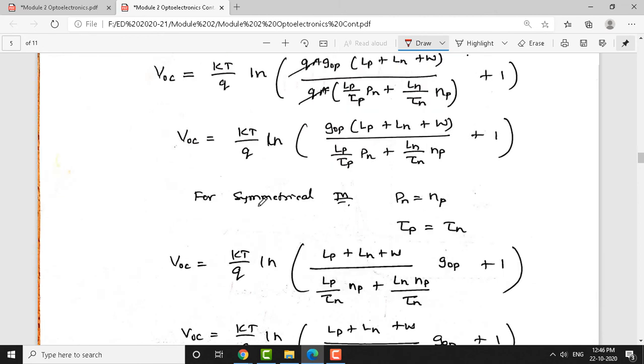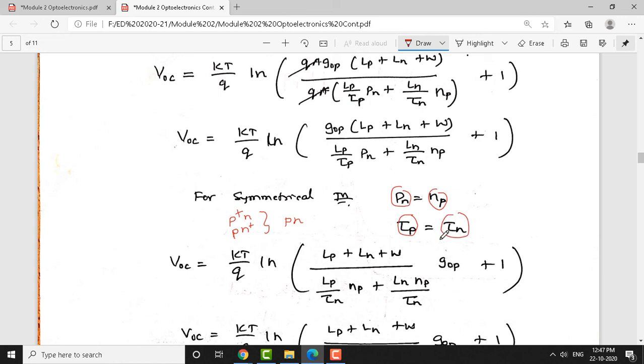Now, for symmetrical junctions, so far our junction is not uniform, because either we prefer a P plus N junction or a P N plus diode. For a symmetrical junction it will be simply P N. Under that condition we can write Pn will be equal to Np, and also the lifetime tau p will be equal to tau n.